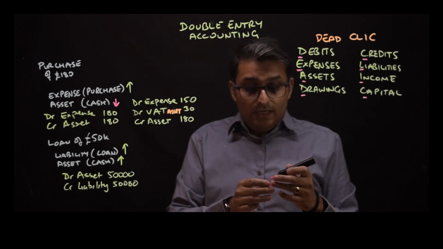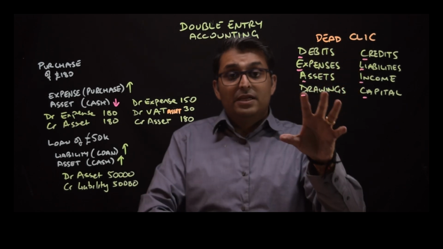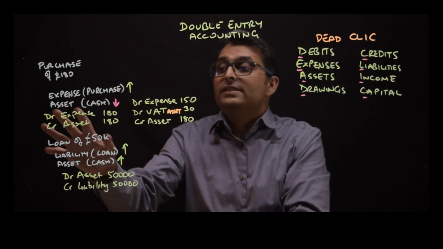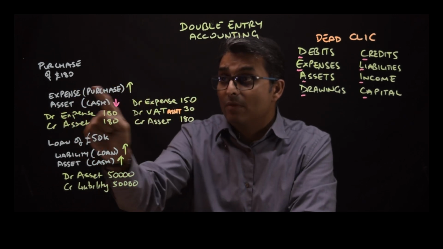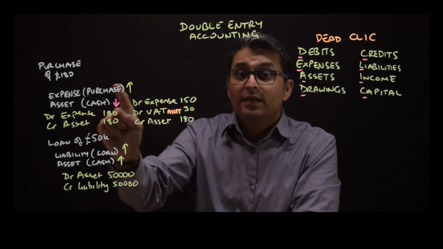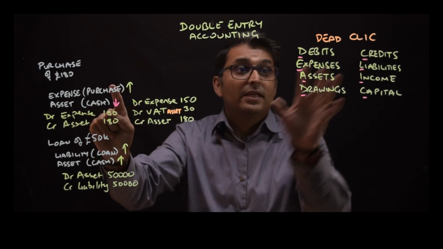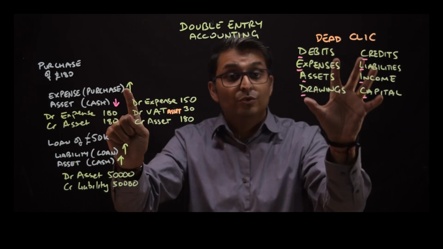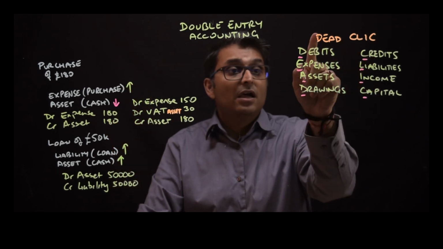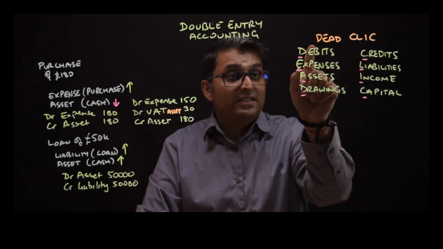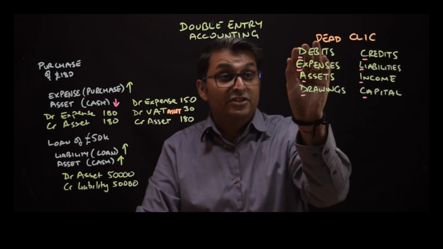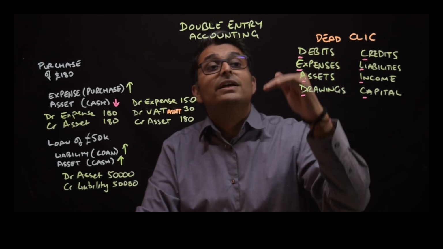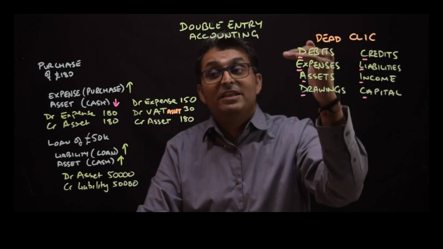So taking this into consideration with my examples, when I'm increasing my expense, looking at DEAD CLIC, this shows how to account for an increase. I'm looking at the expenses. The expenses are in the debits, under the debit heading. So in order to record an increase in an expense, I need to debit the expense.